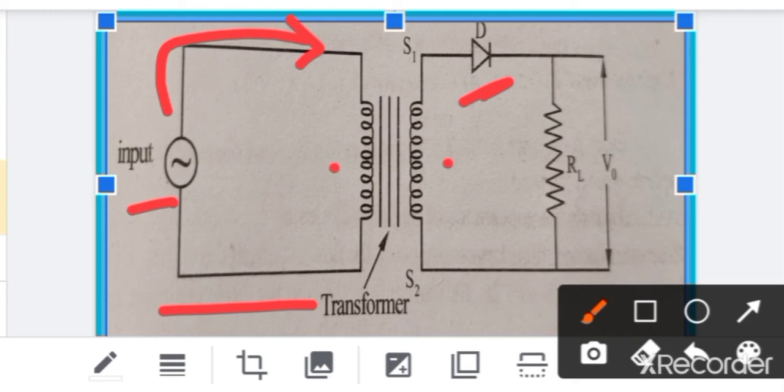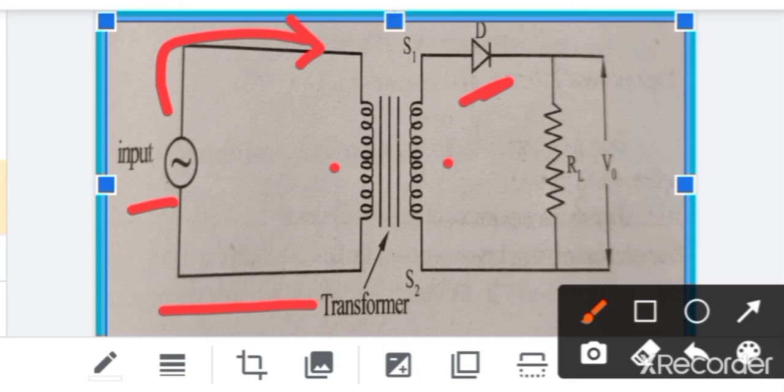The question is whether the number of turns in the first coil is less than or greater than in the second coil. That decides whether it is a step up transformer or a step down transformer, but that would be discussed later in the later classes when the transformer comes.